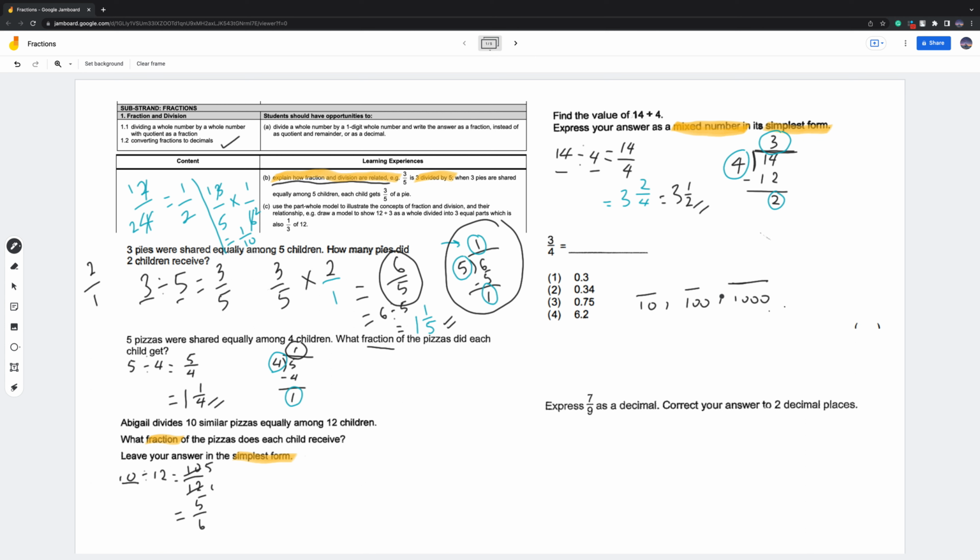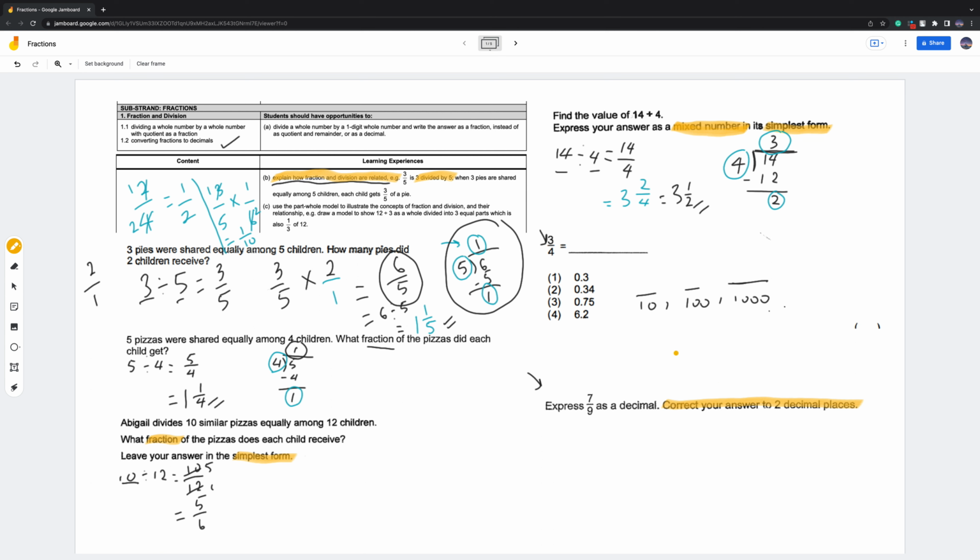And usually the clue, if you look at the first question and the second question, both expect you to convert the fraction to a decimal, but there's a big difference. The second question will ask you to correct your answer to 2 decimal places.